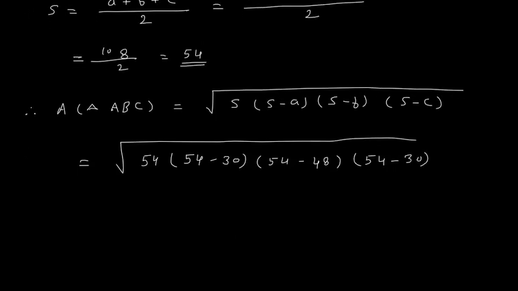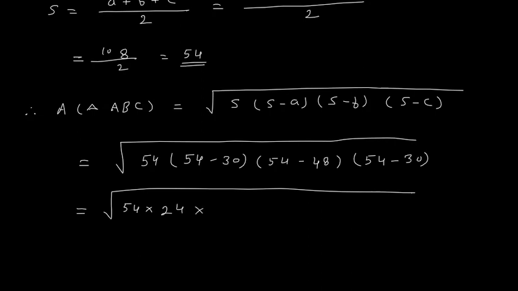So this equals the square root of 54 into 54 minus 30, which is 24. Then 54 minus 48 is 6, and 54 minus 30 is 24.